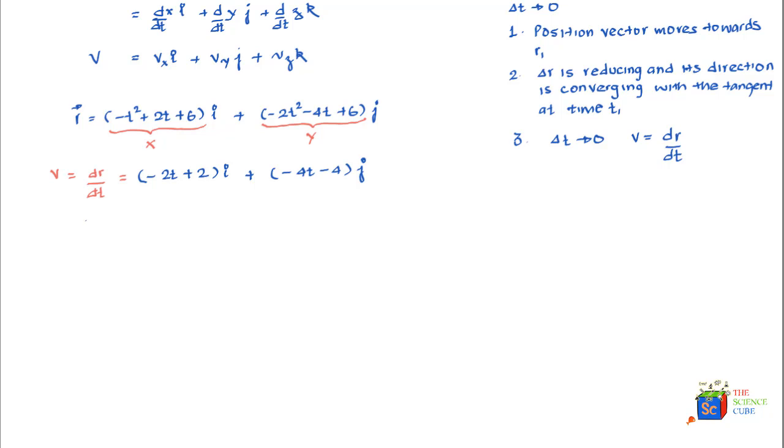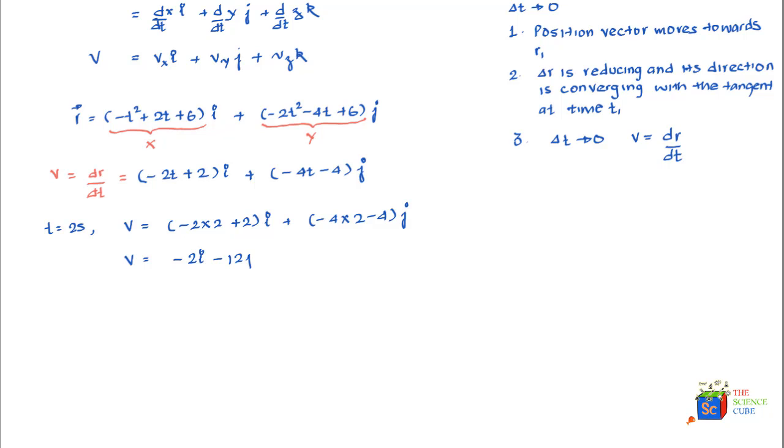And so if you're asked to find the instantaneous velocity of the spider at time t equal to 2 seconds, what you will do is you'll substitute the value of t in this equation to find velocity is equal to (minus 2 into 2 plus 2) times i plus (minus 4 into 2 minus 4) times j.